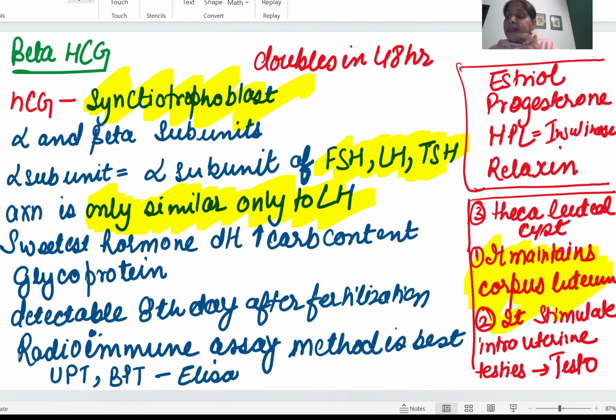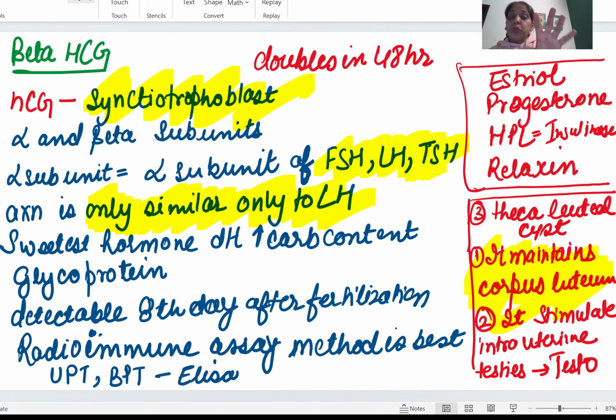The other effect of the luteotropic action of HCG is this: when the female is pregnant, and if that female has a male fetus, then you all know that the testes are differentiated around 6 to 8 weeks, right?